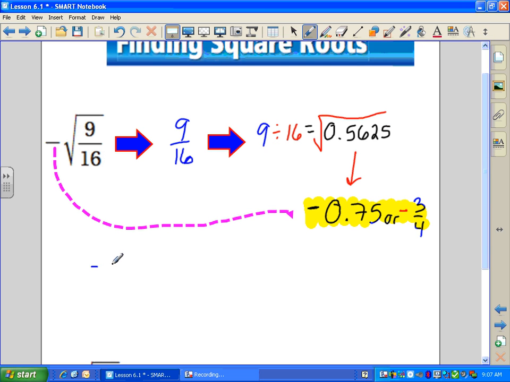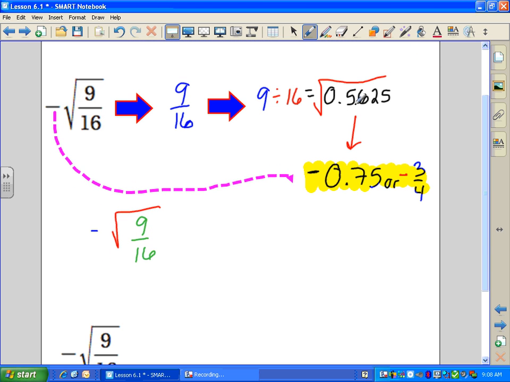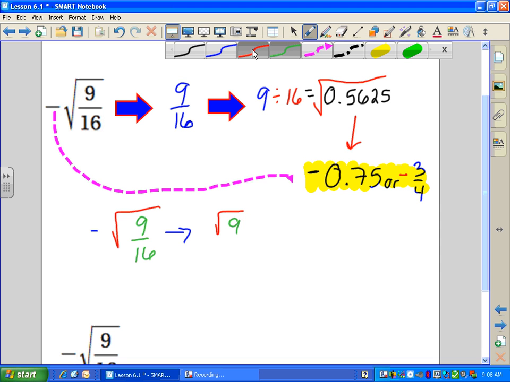I have negative square root 9 over 16. You can think of the problem like this. What is the square root of 9? That would be 3. 3 times 3 is 9.